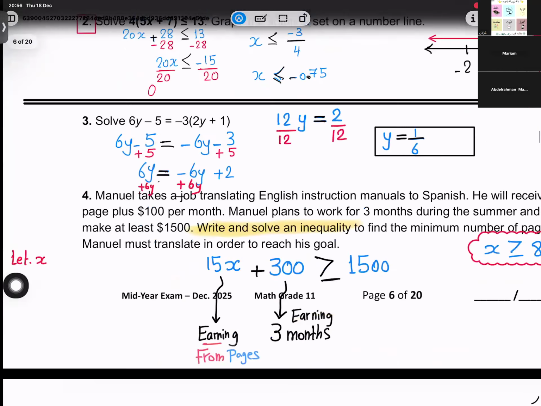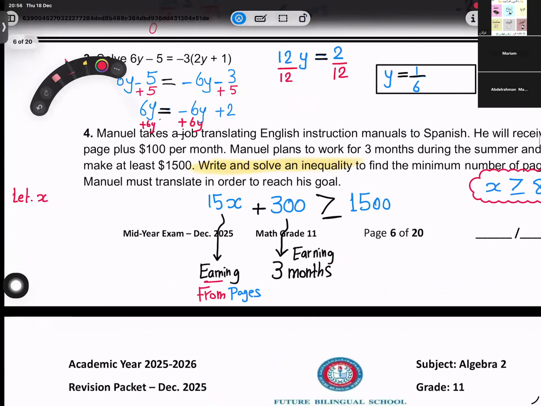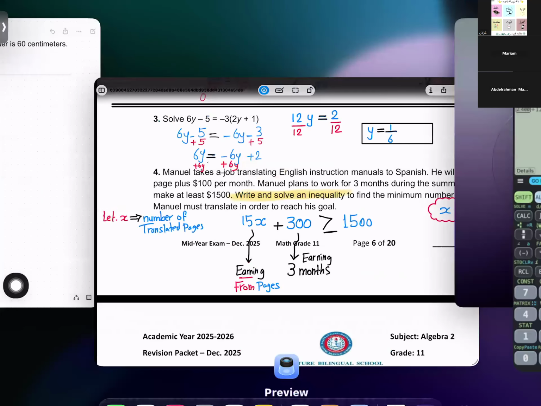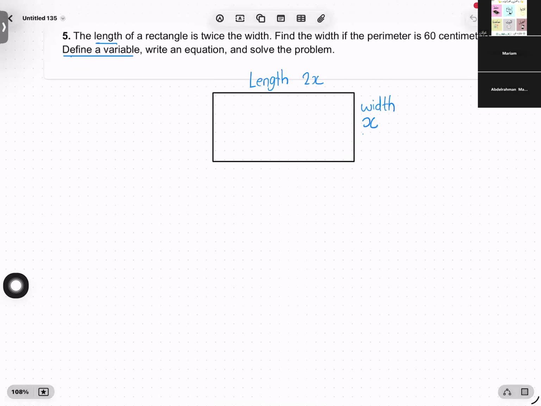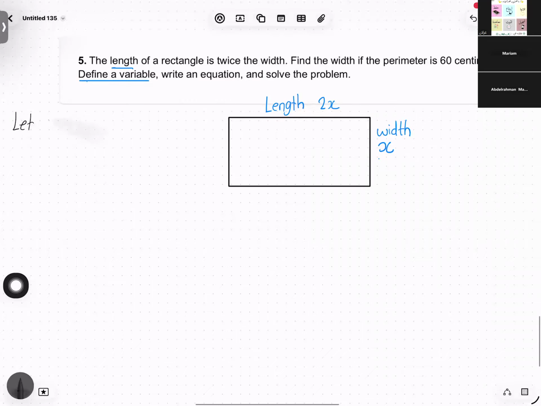It's better to make it a full answer. Let's do it here also: let the width equal x.